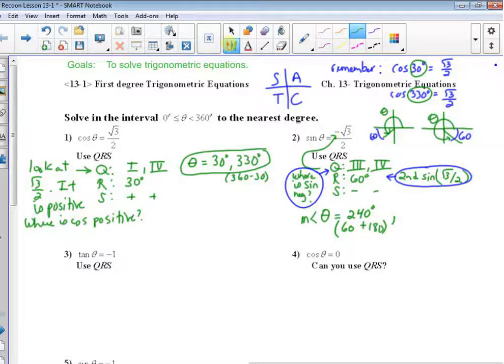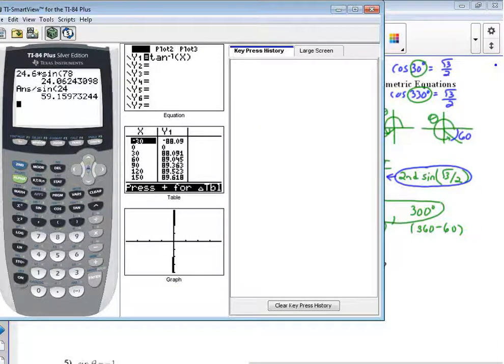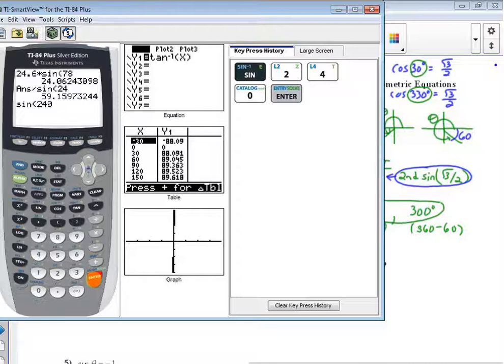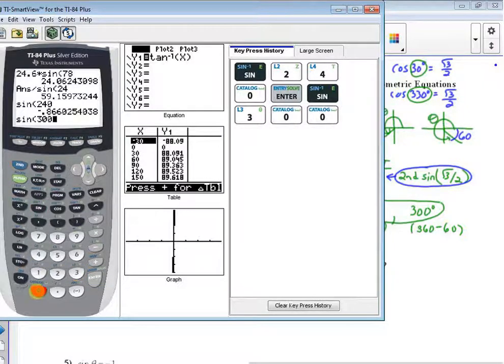And in quadrant 4, I'm looking for the big angle in quadrant 4, so I'm going to do 360 minus 60, and that's 300. So if you check on the calculator, the sine of 240 and the sine of 300, they yield the same exact decimal.